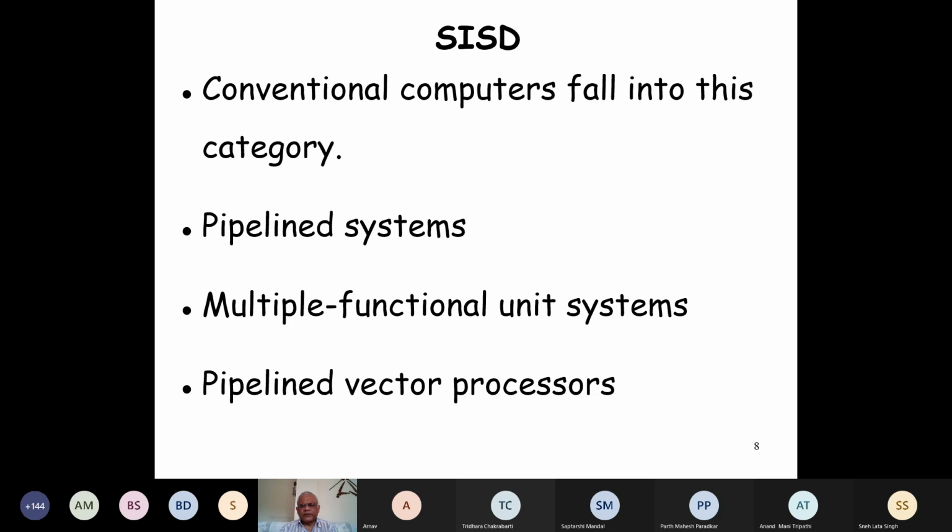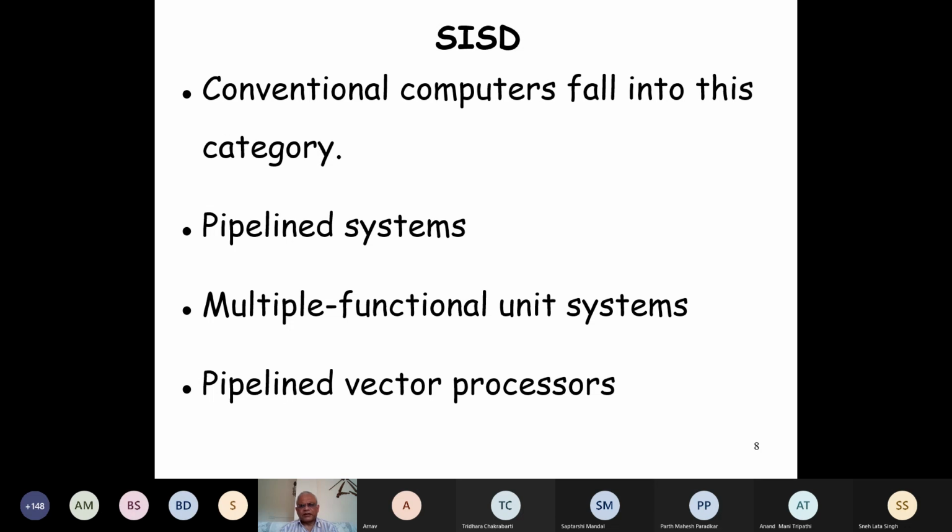There can be multiple functional units like 5 adders, 3 multipliers, a floating point unit, and so on. So there can be multiple functional units in SISD, and the vector processors by themselves are SIMD, but we'll see that we can also have pipelined vector processors.